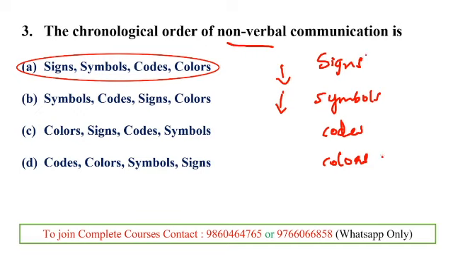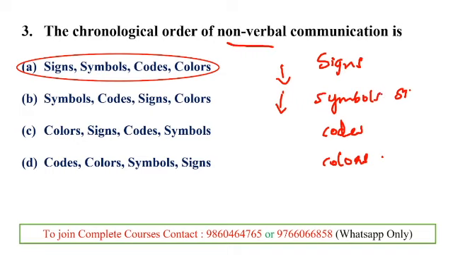Clear? So signs here means any signs related to haptics, the gestures, etc. And the symbols here means the symbols for stop. You can see stop, a symbol there. And code, that's a uniform code for our country, that's a uniform civil code. That's like non-verbal communication. The code, for example, when you see a national flag, you must salute there, or you must stand still, or in attention mode.